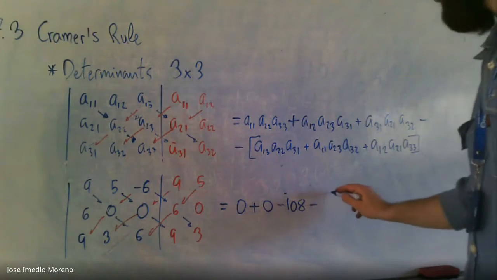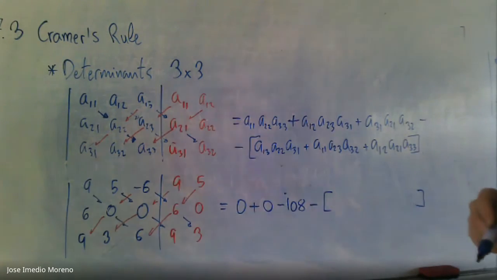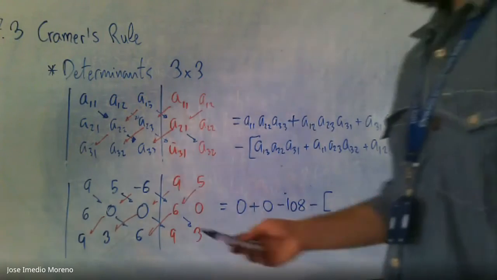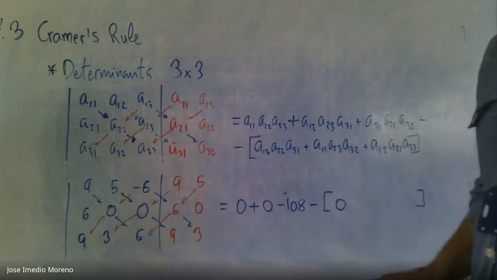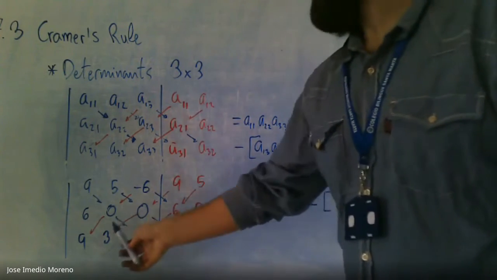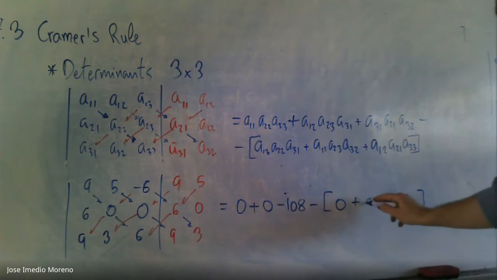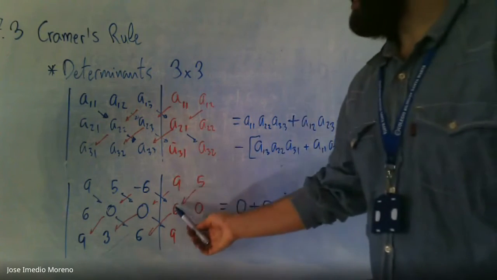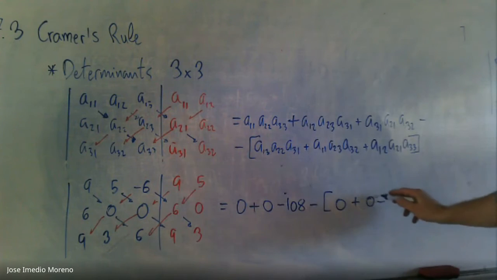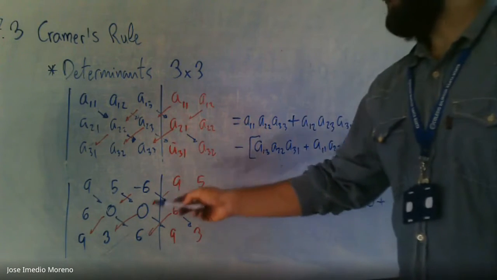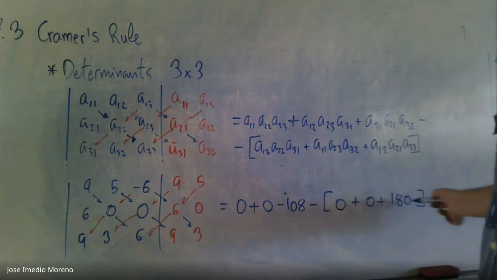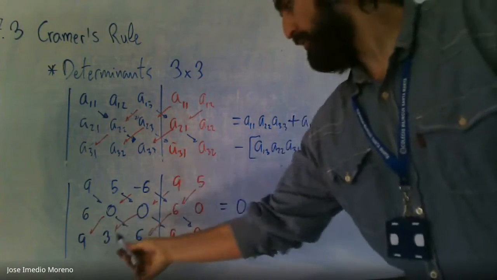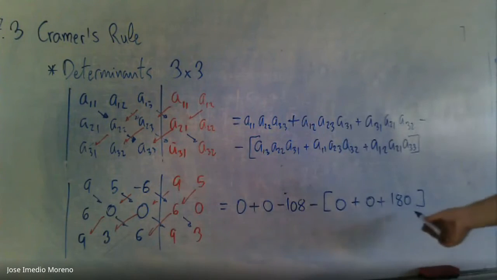And now I'm going to subtract the secondary diagonals. Minus 6 times 0 times 9 is 0. 9 times 0 times 3 is 0 again. And then 5 times 6 times 6 is 30 times 6, which is 180. Main diagonals, secondary diagonals: 0, 0, 180.